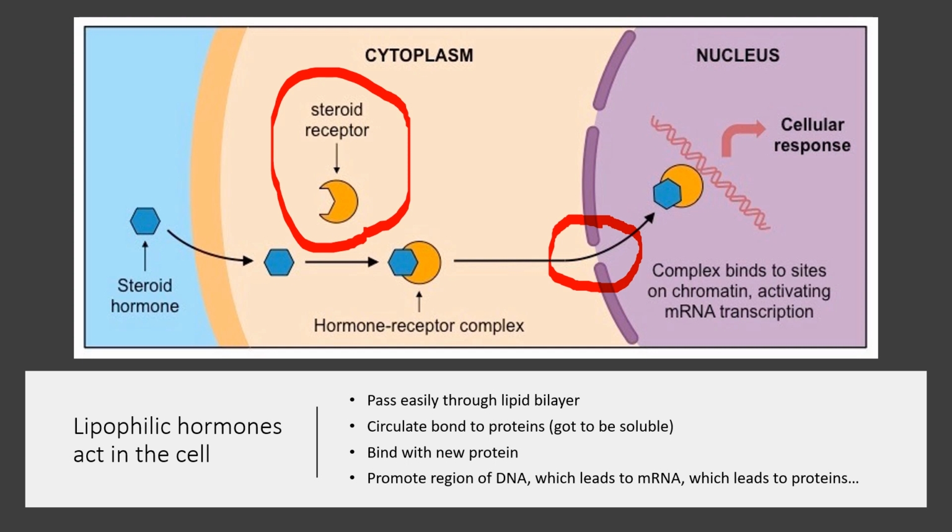And so those pores that allow things into the nucleus and out of the nucleus are going to allow this hormone receptor complex in to begin the production of things like mRNA, which will lead to proteins, which will lead to changes in this cell, right? And as you know, proteins are really the fun part of the cell, right? So once that mRNA starts to produce proteins, whatever that cell is doing is going to change. Again, this is for a lipophilic, so a lipid-loving hormone.